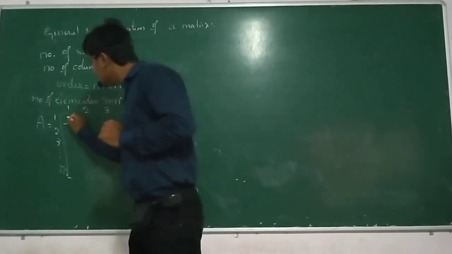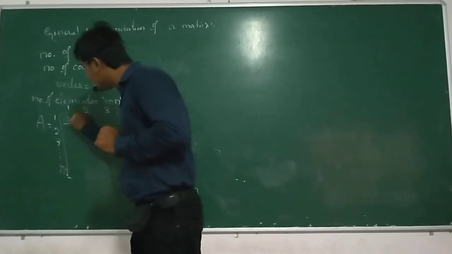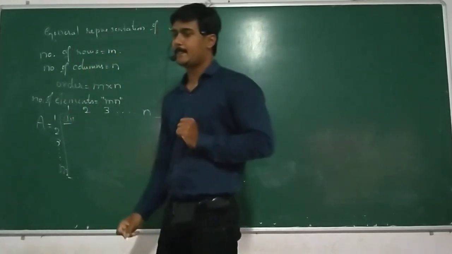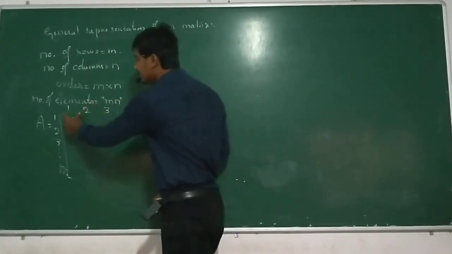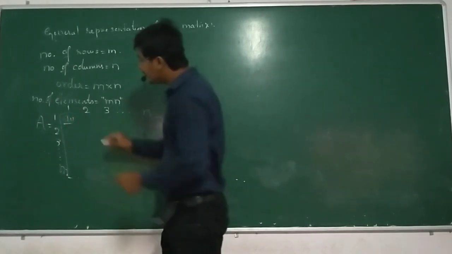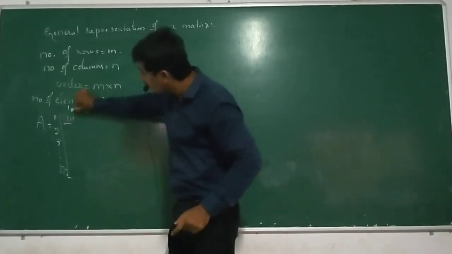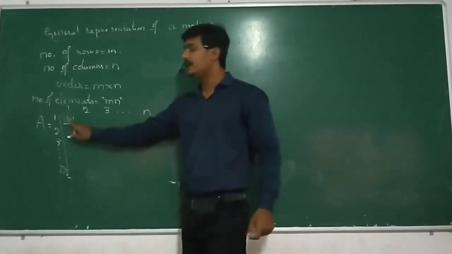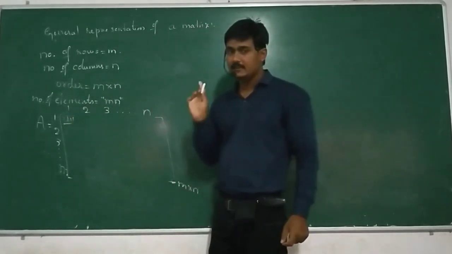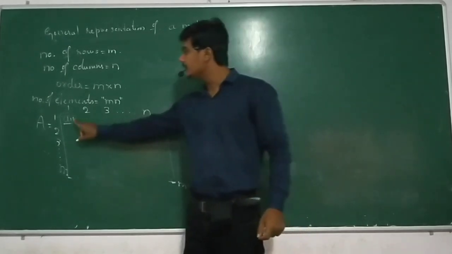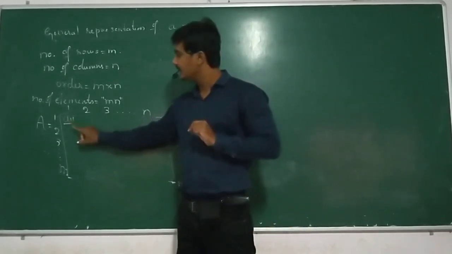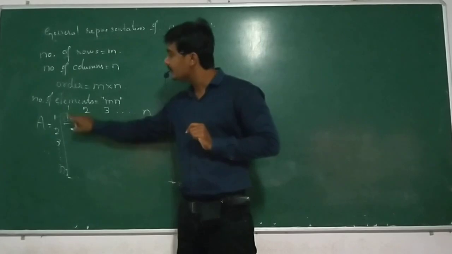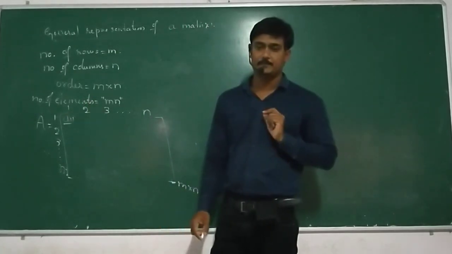The element here will be written as A11 because this element is present at the intersection of the first row, first column. The first subscript will tell you the row position and the second subscript will tell you the column position.